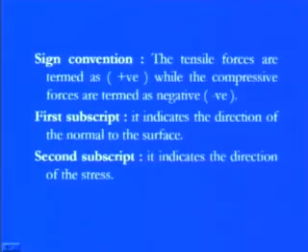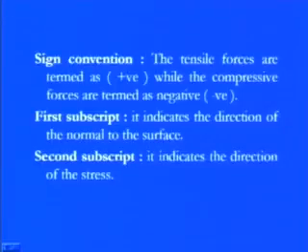In these three stress components there are two subscripts, for example sigma xx, or tau xy, or tau xz. The first subscript indicates the direction of the normal to the surface.